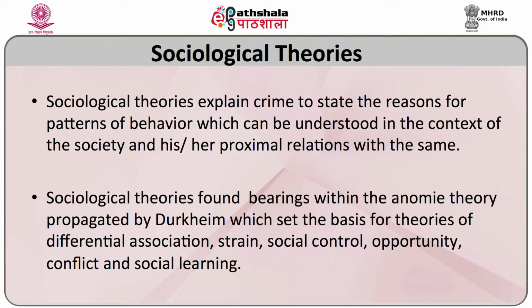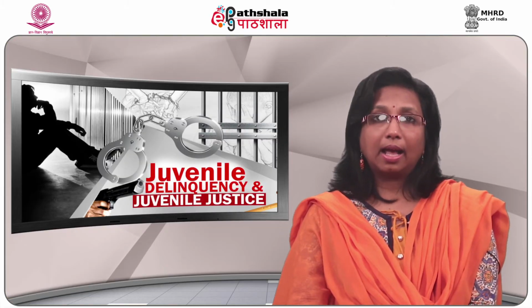Sociological theories found their bearing within the anomie theory propagated by Durkheim, which set the basis for theories of differential association, strain theory, social control theory, opportunity theory, conflict and social learning theories.